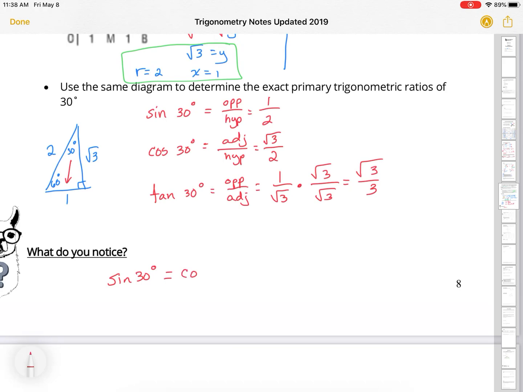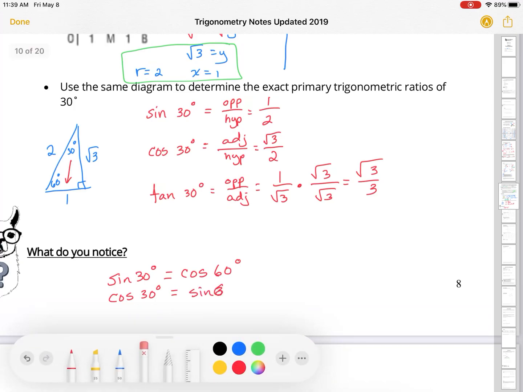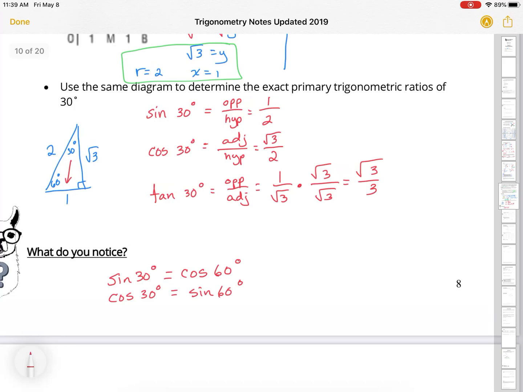Well, what you should notice is that sine 30 is equal to cos of 60. And you should notice that cos of 30 equals sine of 60.